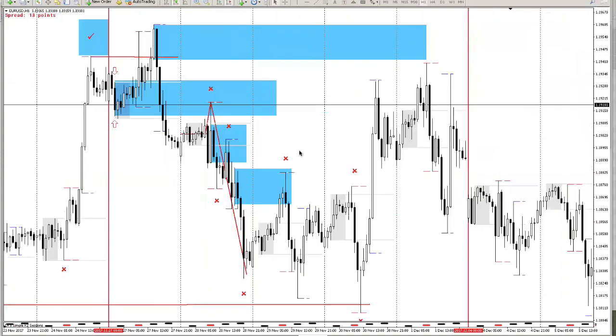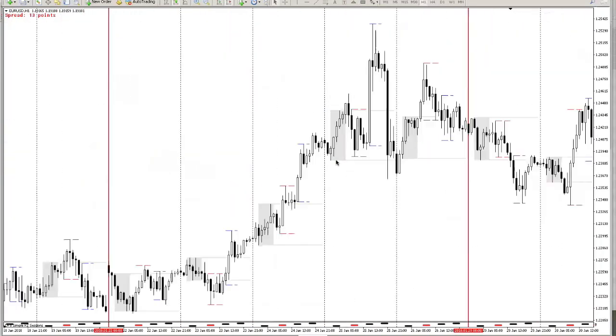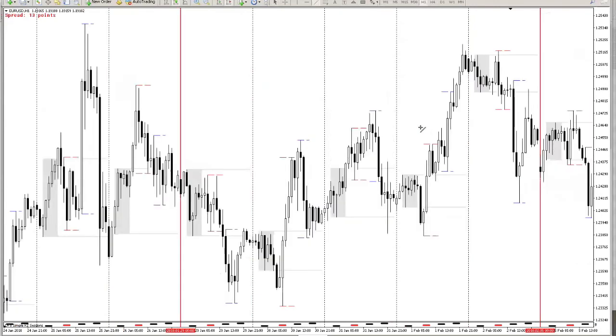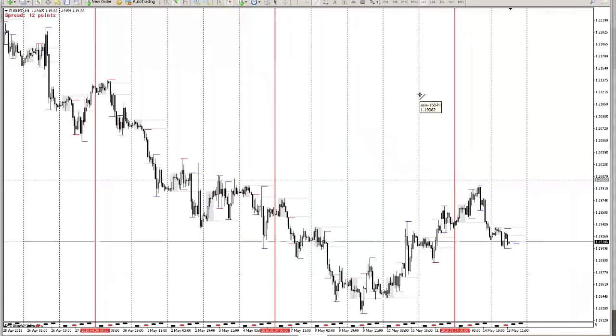Phenomenal, guys. So accumulation, manipulation, distribution. You have accumulation, manipulation, distribution on the weekly, and you have accumulation, manipulation on the daily as well, guys. It's power of three, all taught from ICT.